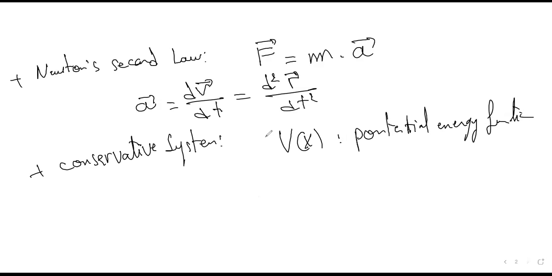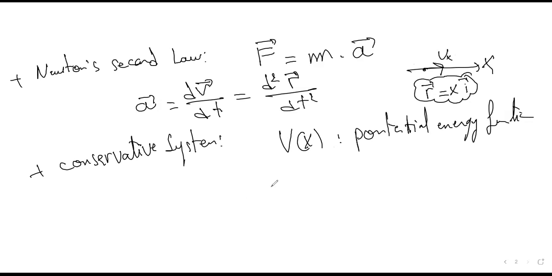Here, let's assume that our particle moves only along the x direction, to simplify the calculation. So this is our particle which moves only along the x direction, and R is equal to x times i.